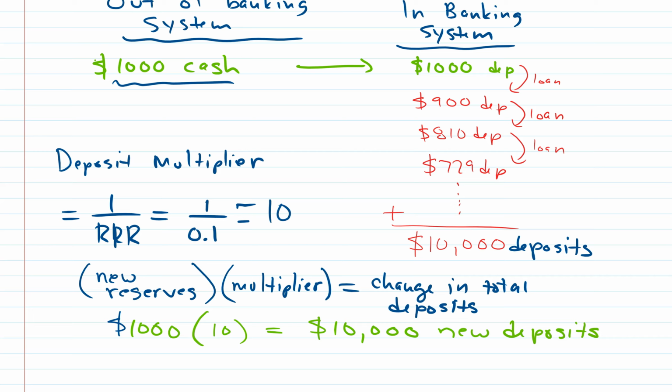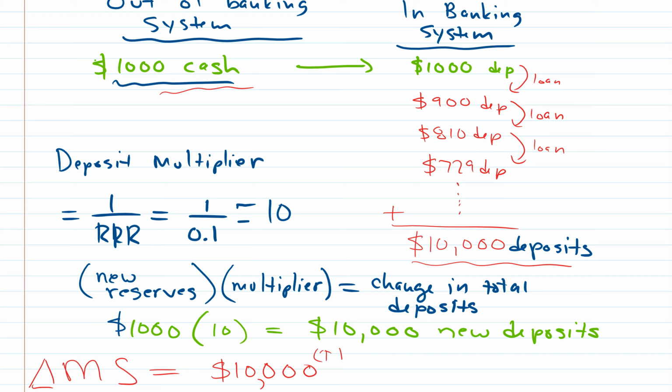So that's our basic idea. By doing this process of loaning, our monetary base gets multiplied. The last thing we're going to mention right now is, well, what happened to our money supply? Remember, cash is in the money supply, and deposits are also in the money supply. So what was our change in our money supply? Our deposits went up by 10,000, and this is the increase in deposits.